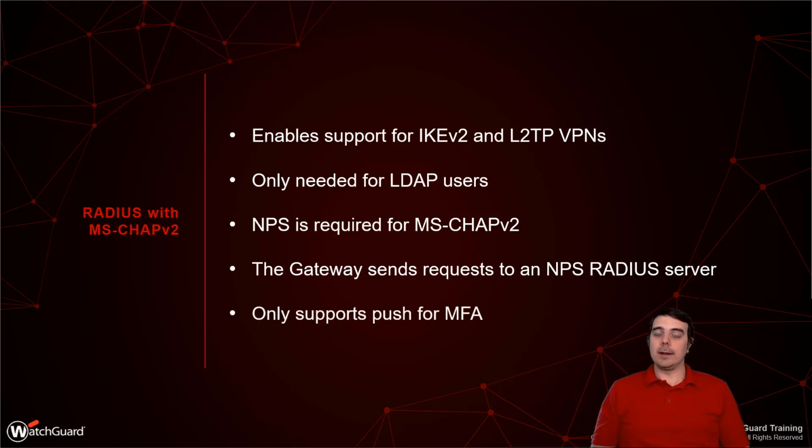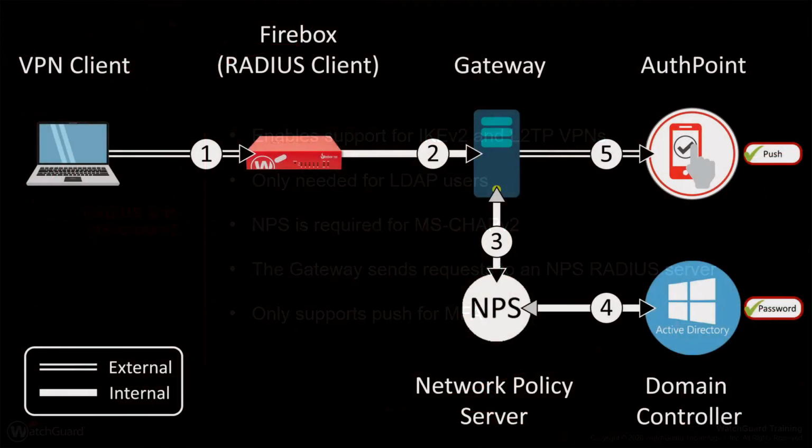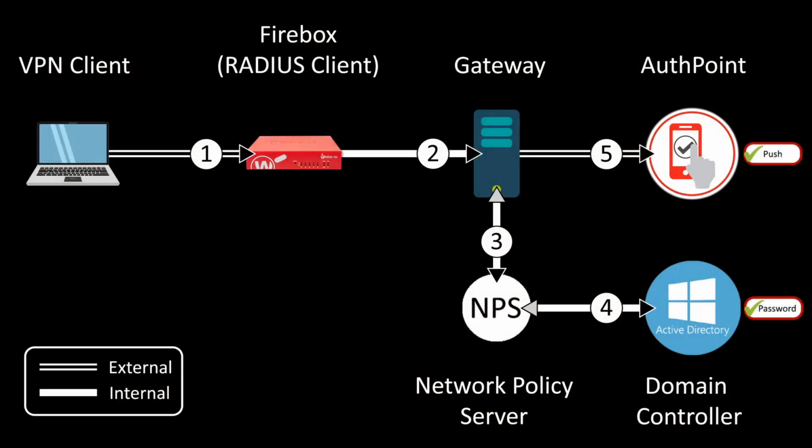To do this, we cannot use the one-time password for MFA because of how the password is being checked. So we will be left with push as the only MFA option for the VPNs after MS-CHAP v2 support is enabled.